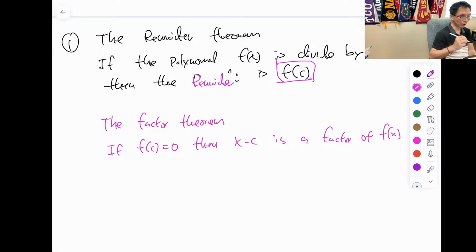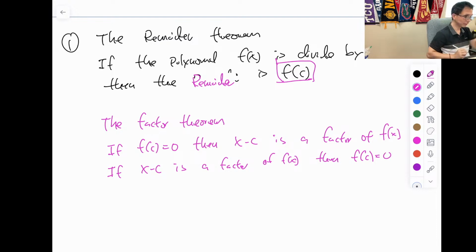Now this is going to be the harder question of the SAT, not an easy one. You're not going to see an easy question like this. If x minus c is a factor of f of x, then f of c is equal to 0.